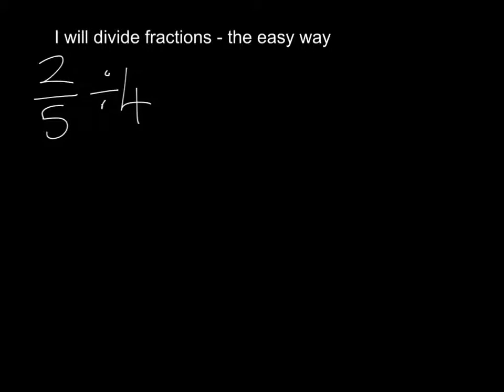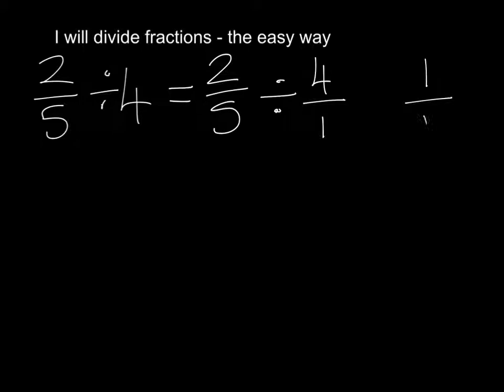Okay, so we've got 2/5 divided by 4, and that's the same as 2/5 divided by 4/1, because 4 is 4 lots of 1, and 1 as a fraction is that, but we've got 4 lots of that, so we're using 4/1.